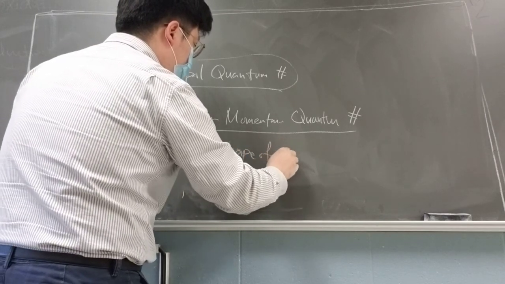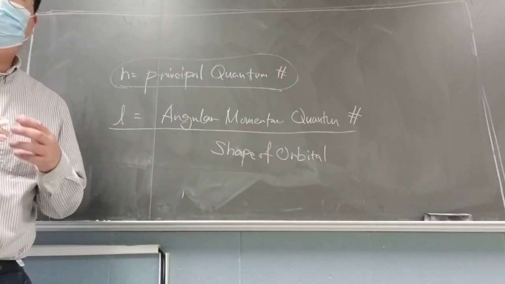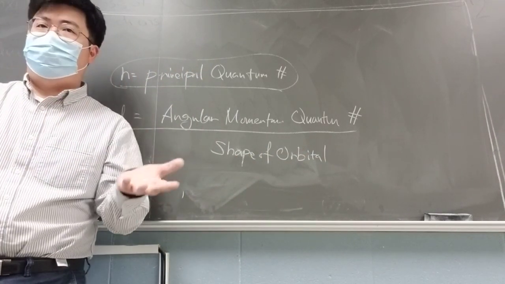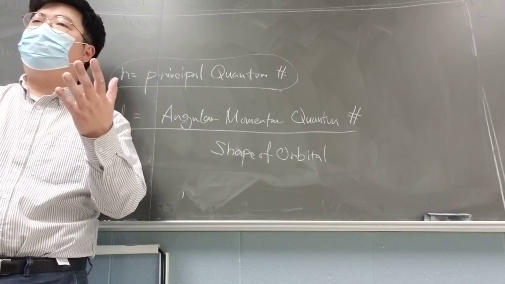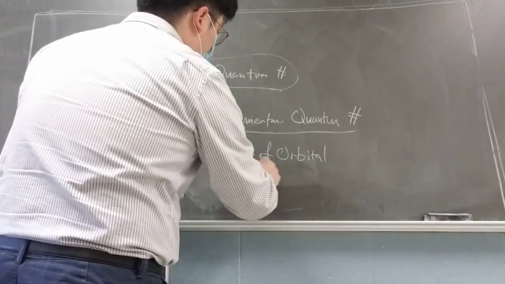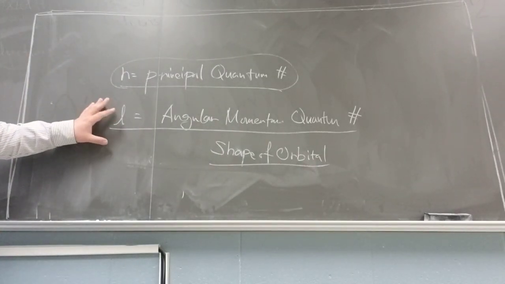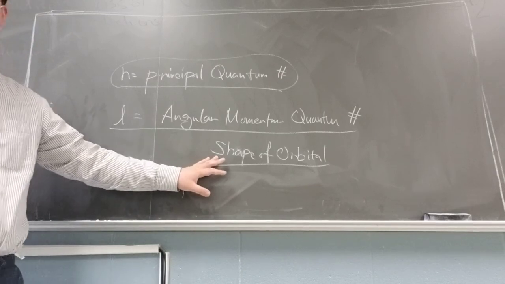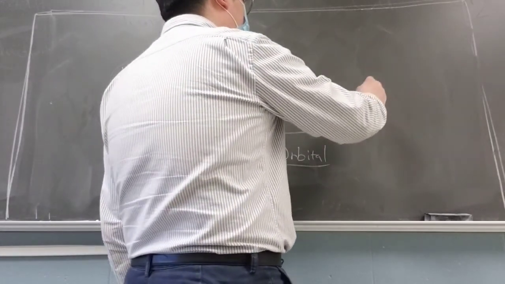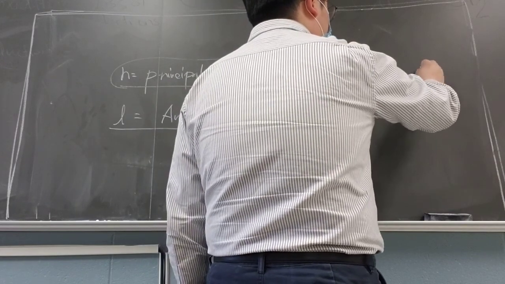of orbitals. Once again, orbital means like an imaginary 3D space where we think that we can find the electron by high chance. This is not real, but it can be mathematically constructed, and this is the one that determines the shape of the orbital. If your l is equal to 0, it means it's s orbital.